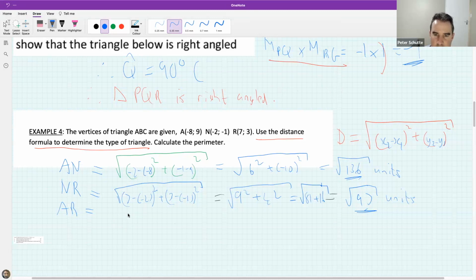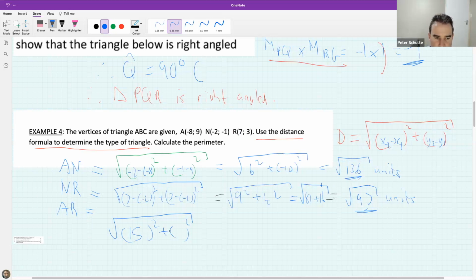it seems rather big. Let me work it out. So if we go squared, and we've got AR, so we're going to go 7 minus 8. So that would just give us 15.